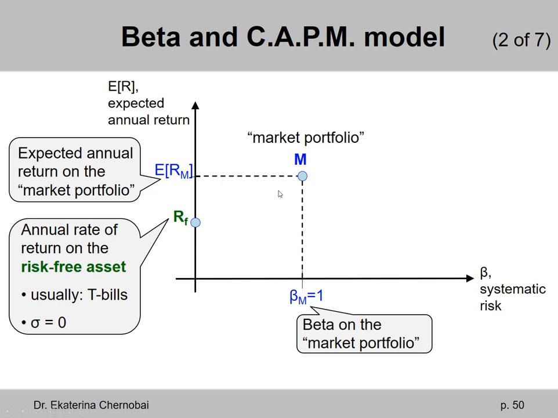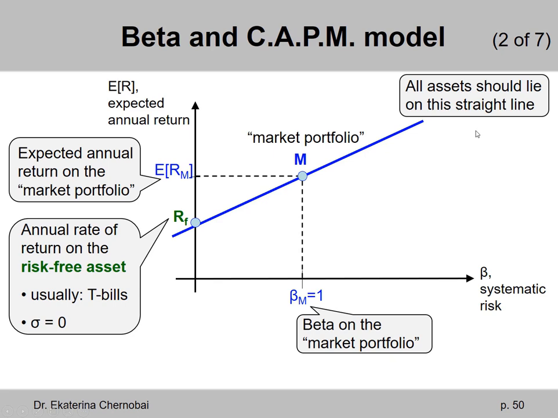Then we have 2 points, and we can draw a line through them. In this textbook, we are skipping the explanation and the mathematical derivation that explains why the line needs to be straight rather than some sort of a curve going through these 2 points. So it has to be a straight line.